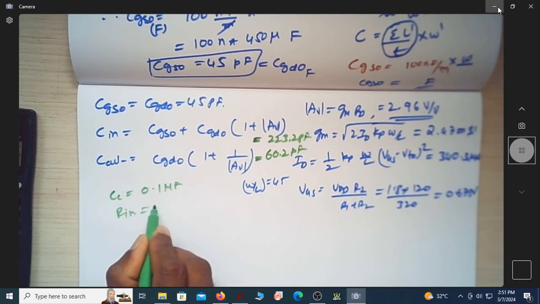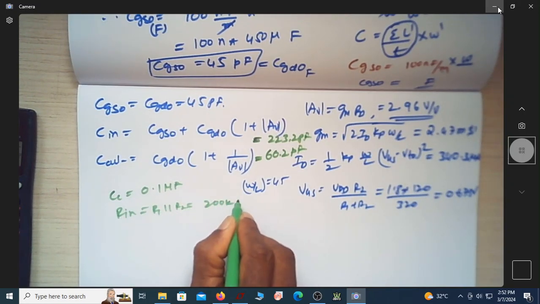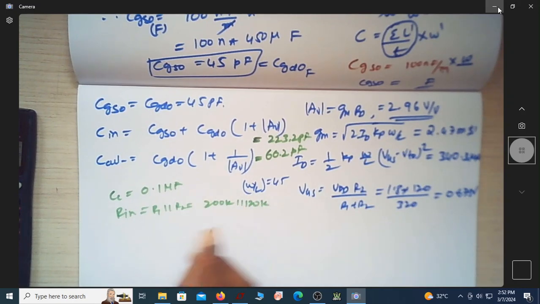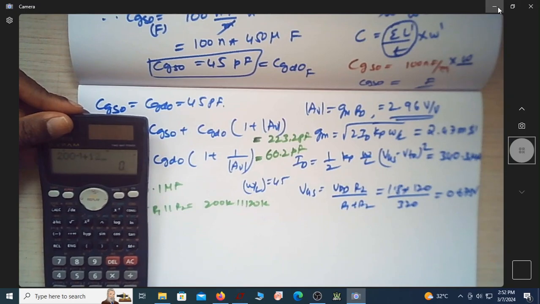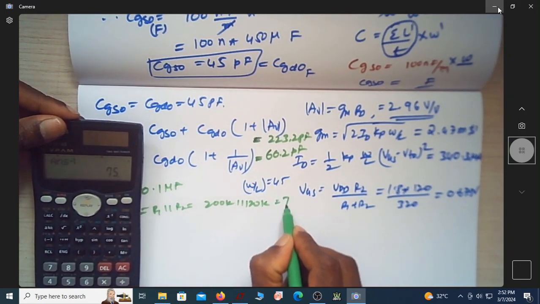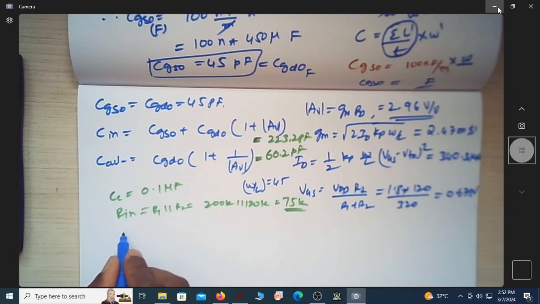R in is nothing but R1 parallel R2, which is 200K in parallel with 120K, which is 200 inverse plus 120 inverse, whole inverse, is 75K. So let us substitute these values and try to find different frequencies.